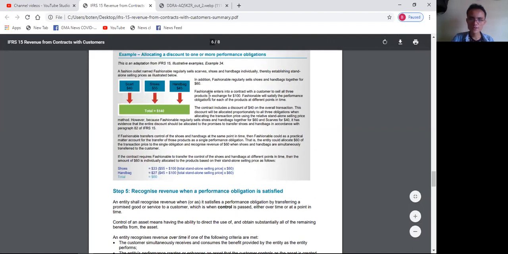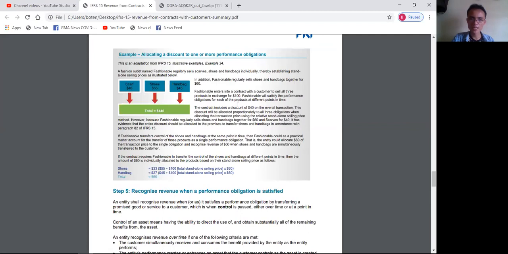Then Fashionable enters into a contract with the customer to sell all of them at $100. So $100 from the original price of $140 means there's a $40 discount.